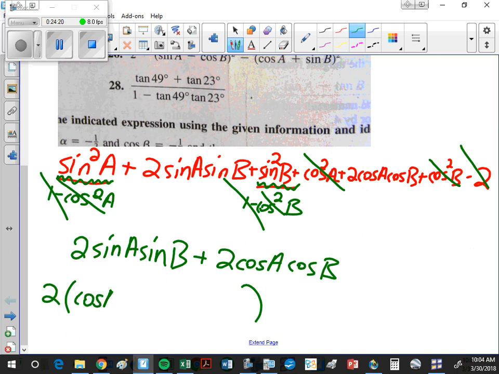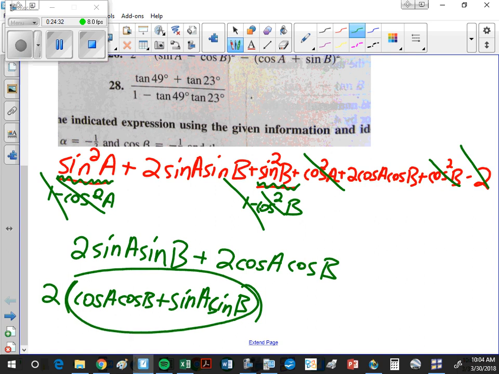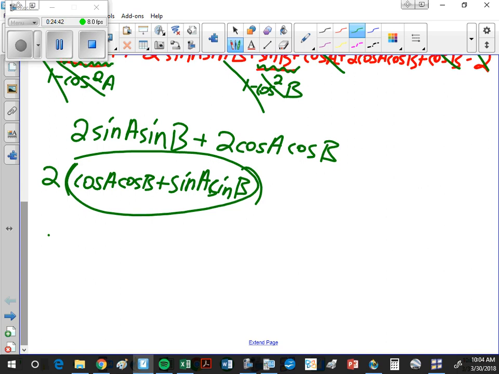So cosine A cosine B plus sine A sine B. Now, this matches up with the cosine difference formula. Does everybody understand why it's the difference formula? Okay. So we end up with 2 times the cosine of A minus B. Actually, I don't even need those parentheses. 2 cosine A minus B.